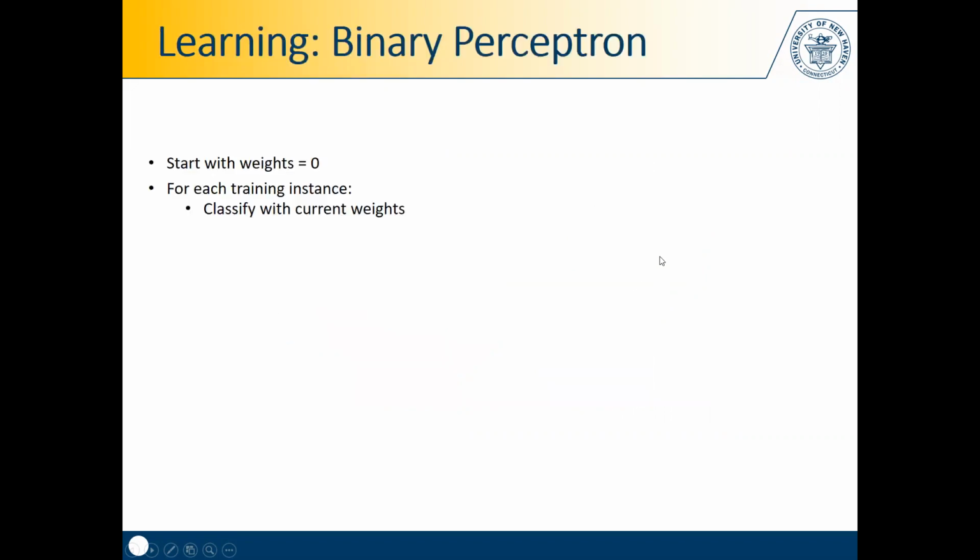Now, for binary classification using Perceptron, we can follow a similar iterative procedure. The procedure tells us to first initialize all weights to 0. Then, for each training instance, for each new sample that we want to train on, classify with current weights.